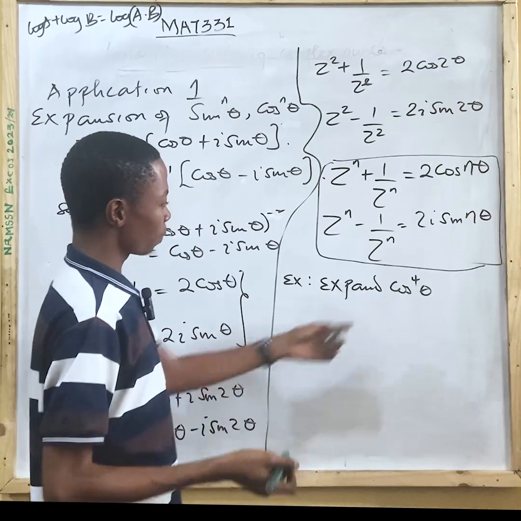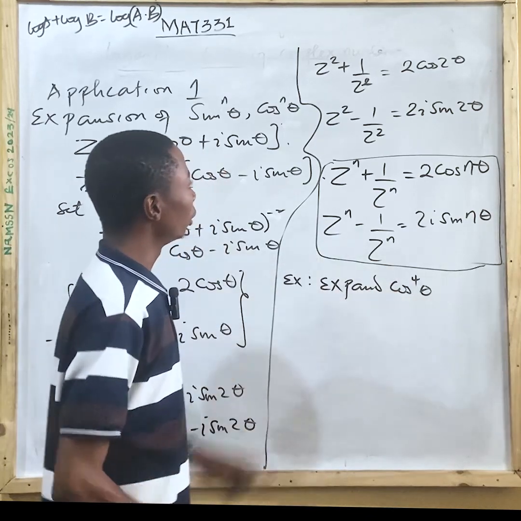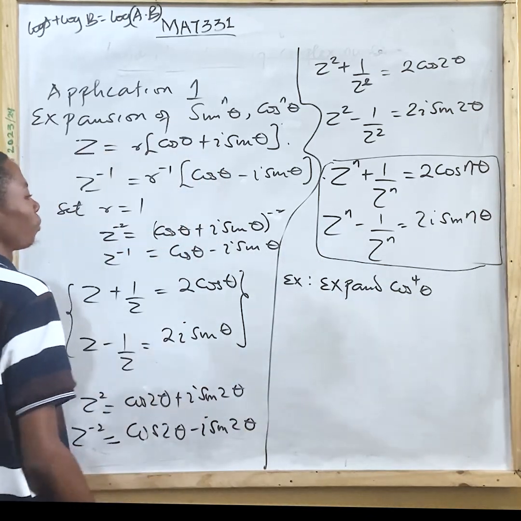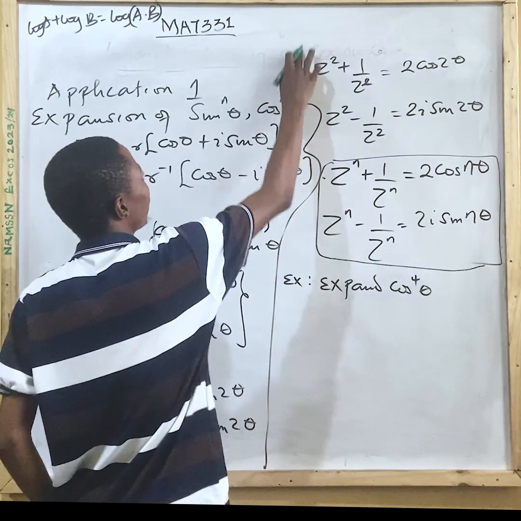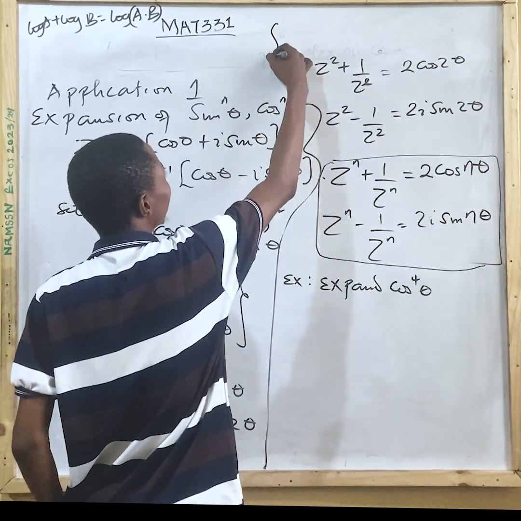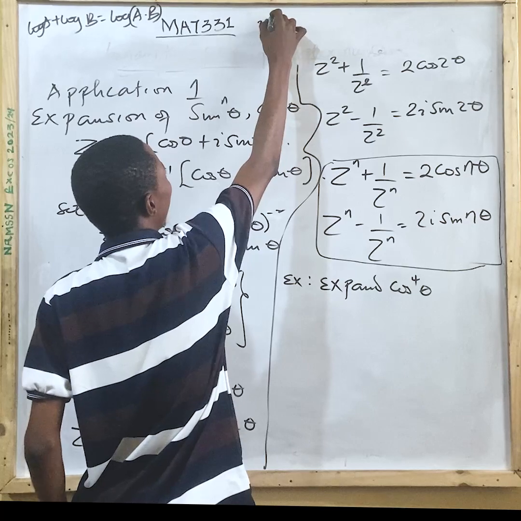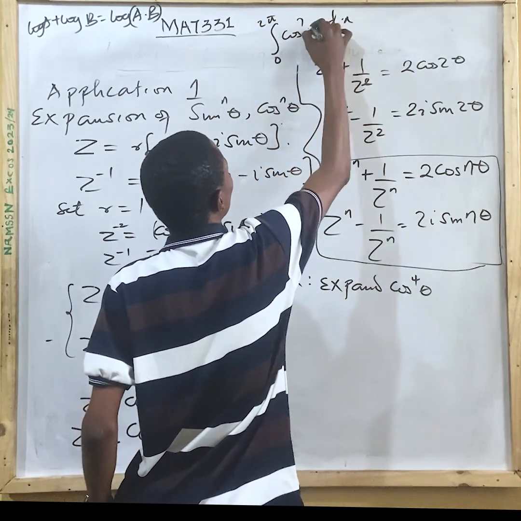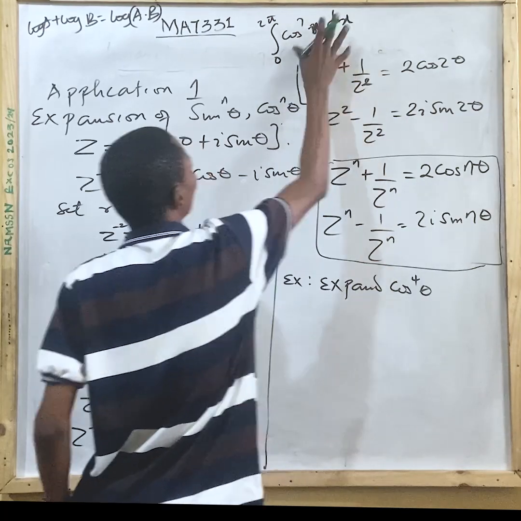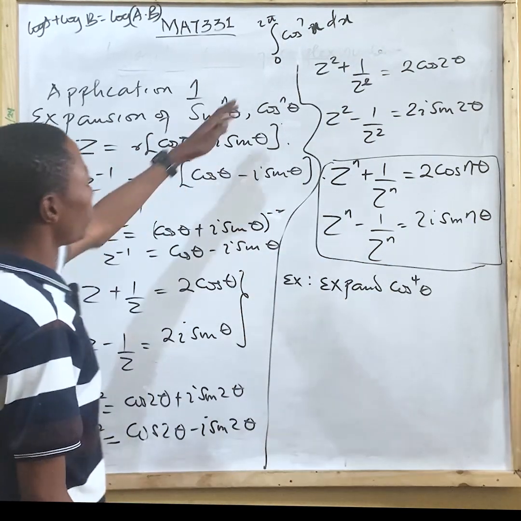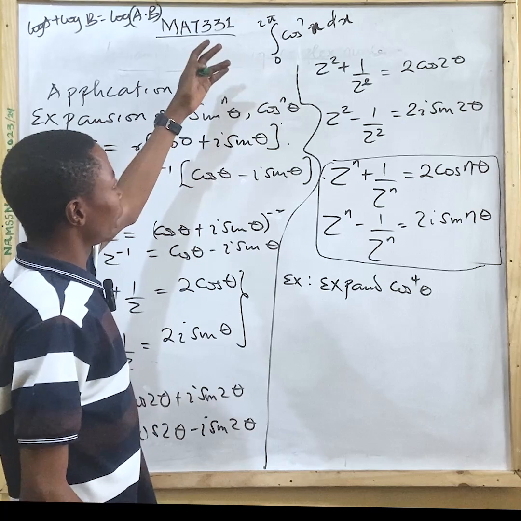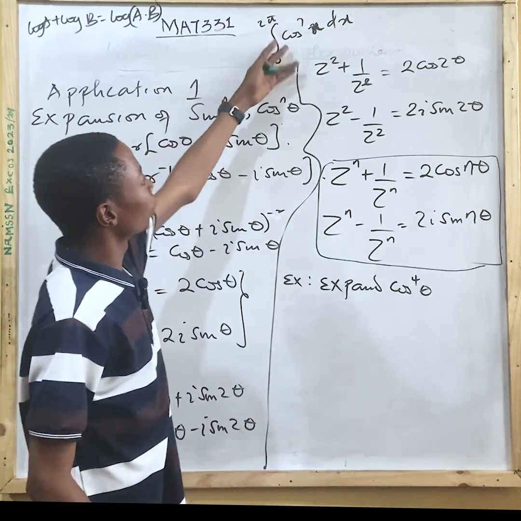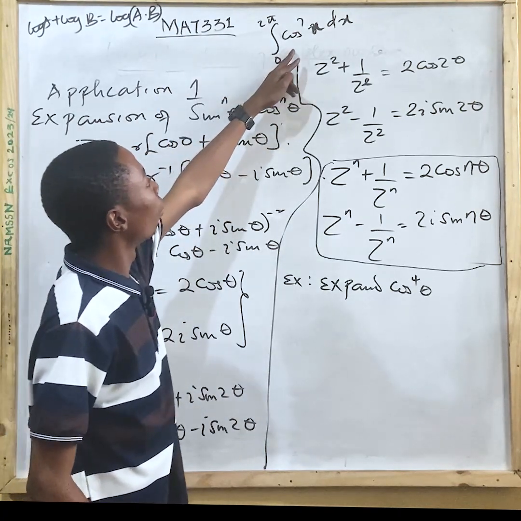The reason we are expanding all this big power of trig is that sometimes they can ask us to integrate, let's say, the integral from 0 to 2 pi of cos raised to power 7 x dx. In complex analysis, they are not expecting me to use integration by parts in calculus or a reduction formula.